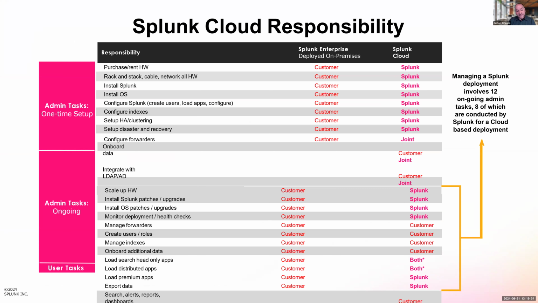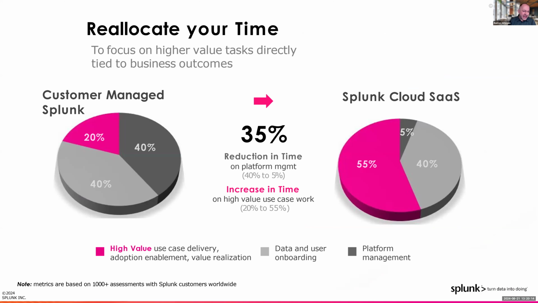So a significant amount of time savings involved, and that's some of the value that cloud offers over traditional on-prem solutions. And that's true not just for Splunk, for any number of tools out there. So that's why you see more and more companies moving to cloud and moving away from on-premise.